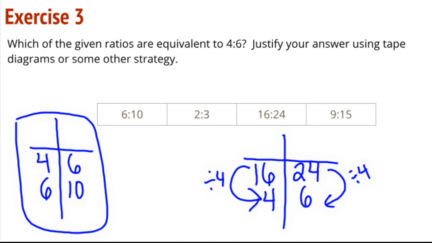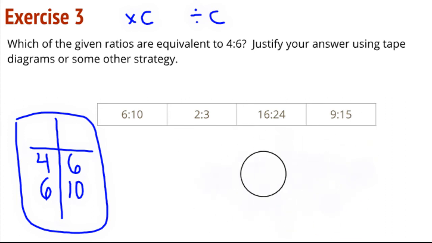So now we're stepping into this idea that not only are we multiplying by little c, but we could also divide by little c. This comes up much more in a later lesson, but I felt like this was a great time to take a look at it. So 16 to 24 and 4 to 6 are equivalent. There is a value that I can divide 16 and 24 by, and I will get 4 to 6.